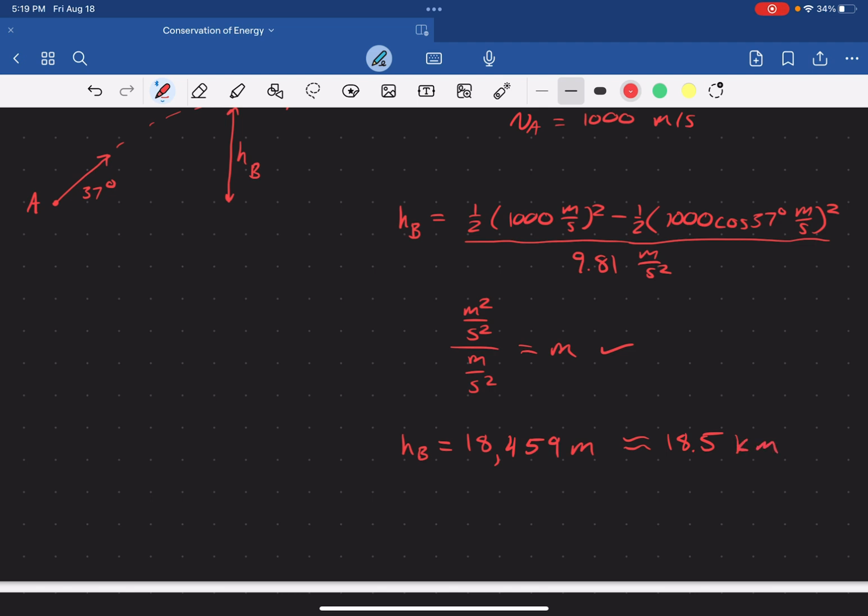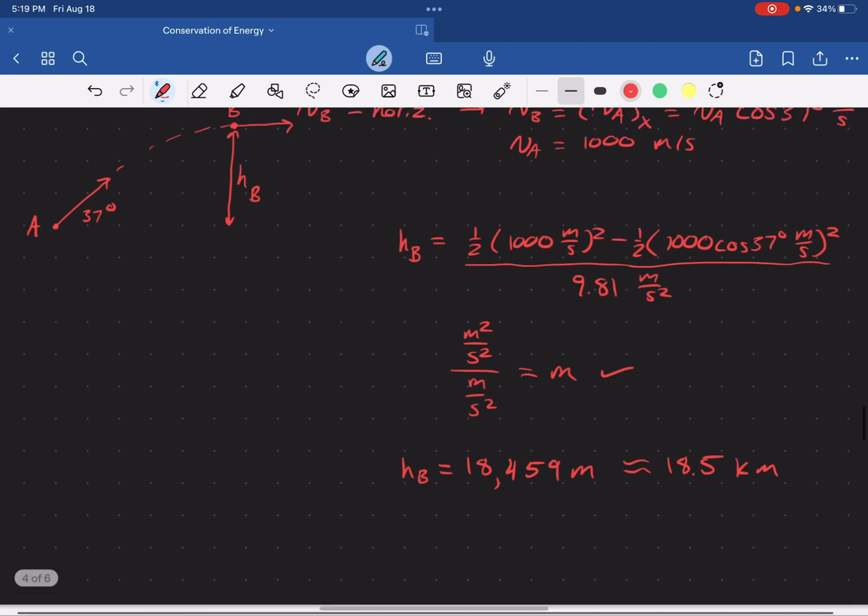Wow. We really shot that thing up in the air, 18.5 kilometers. Which makes a bit of sense considering we're launching this thing at 1,000 meters per second. And it's only slowing down due to gravity.